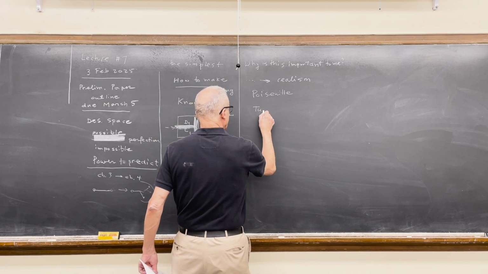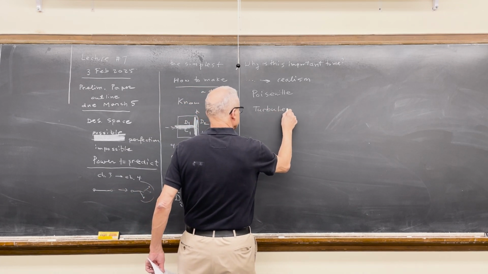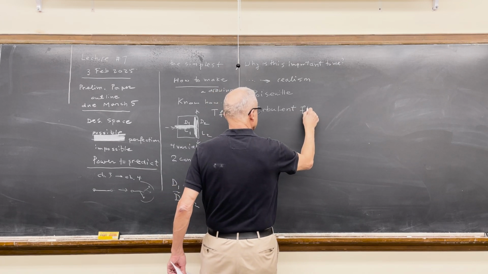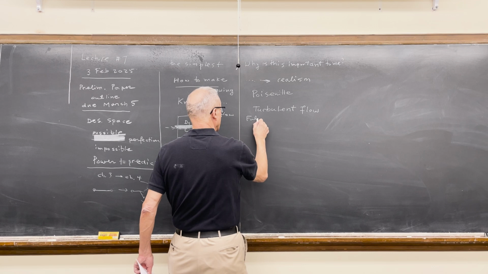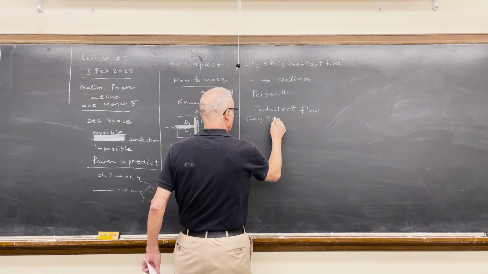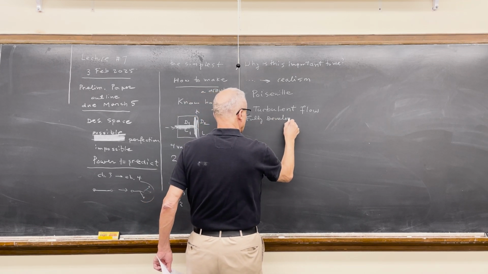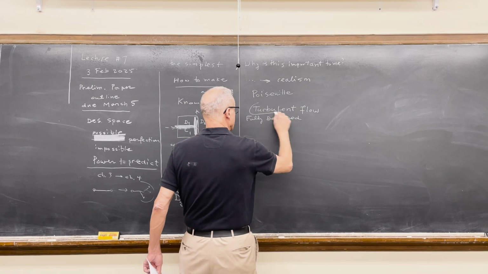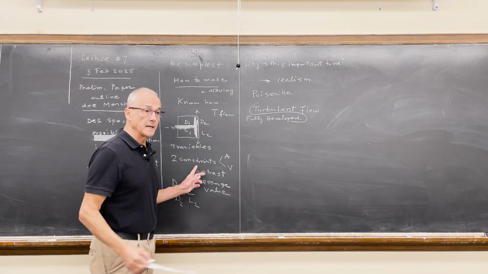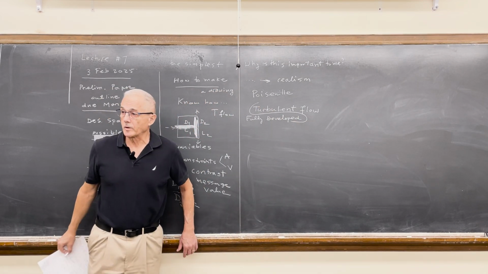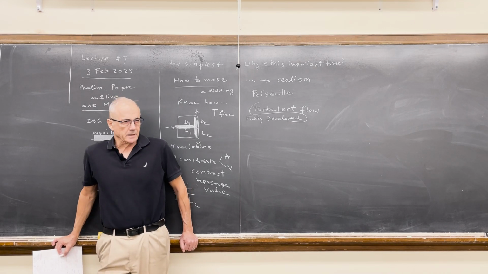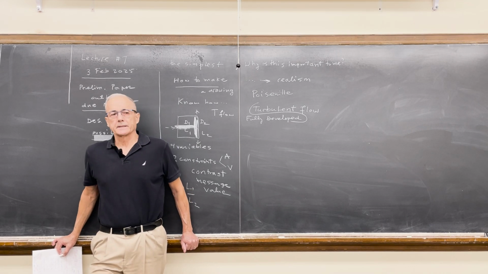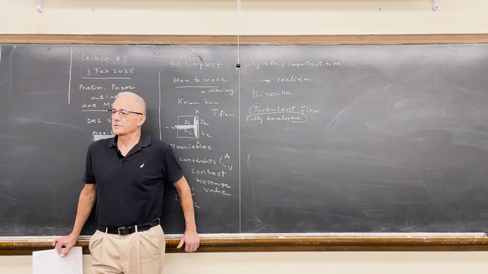So for turbulent flow, and here we're talking about fully developed, the method remains, but the formulas become slightly different. Luckily, they become simpler, but that's to see very, very soon.